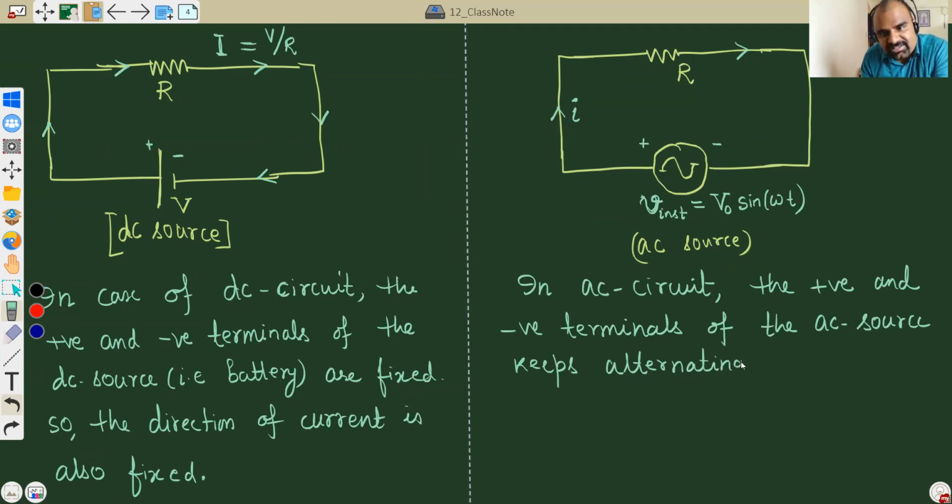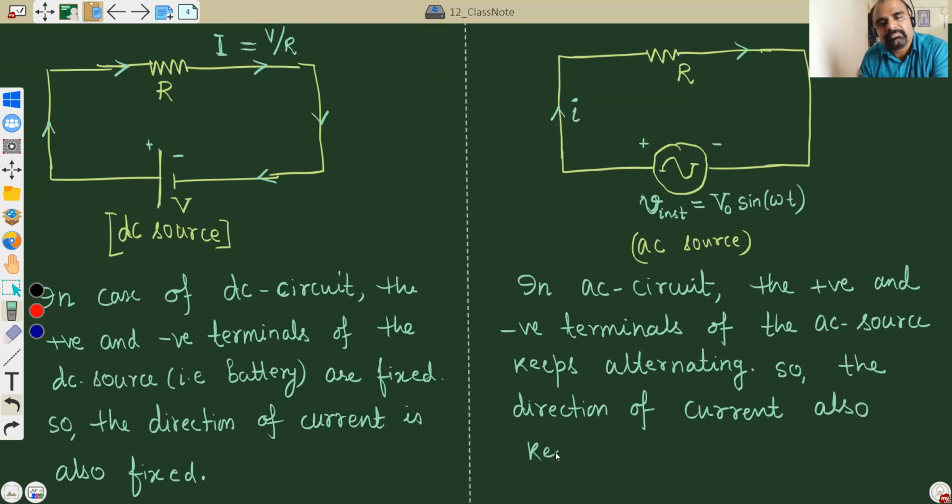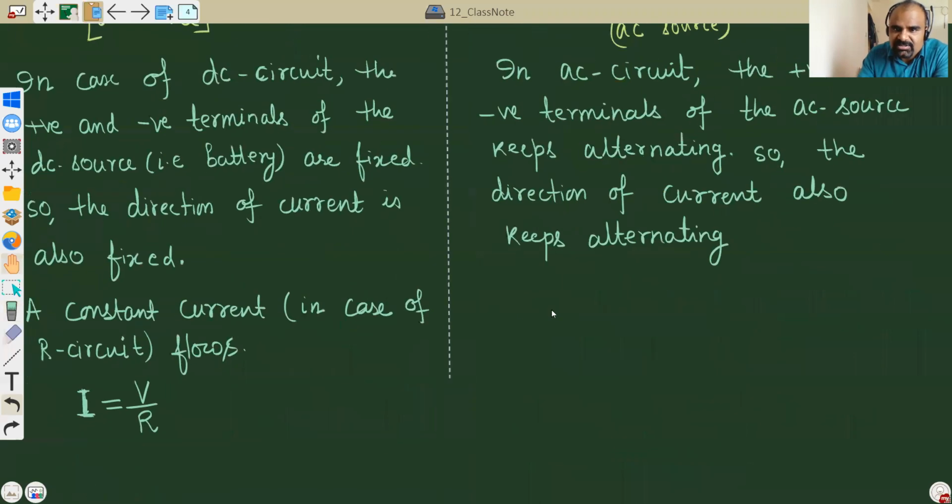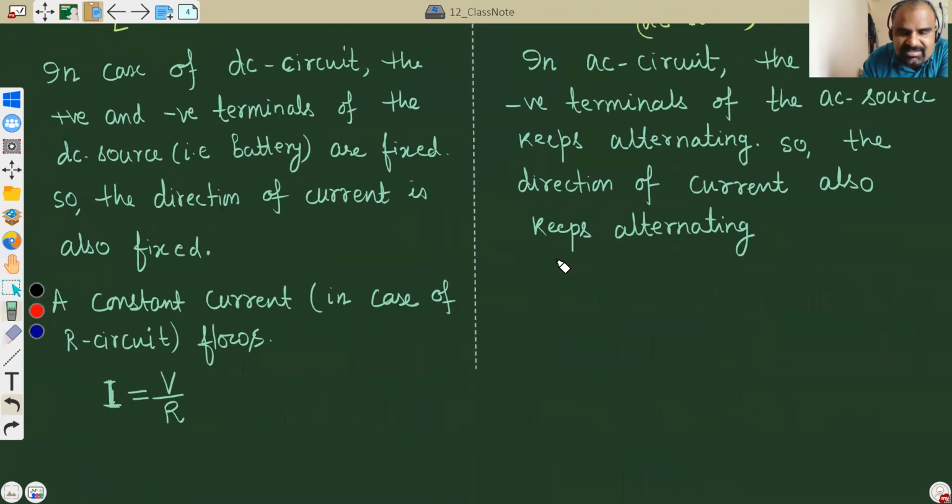Alternating means keeps changing. So the direction of current also keeps alternating. And here I'll write, alternating means what? Means clockwise, anti-clockwise, and so on.